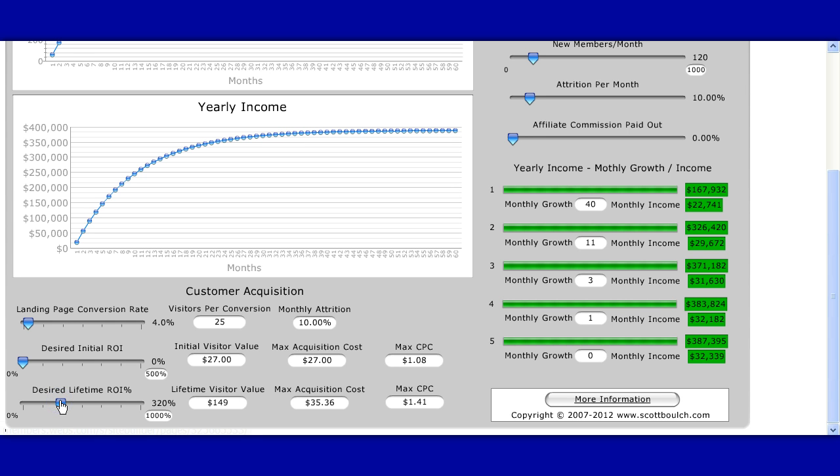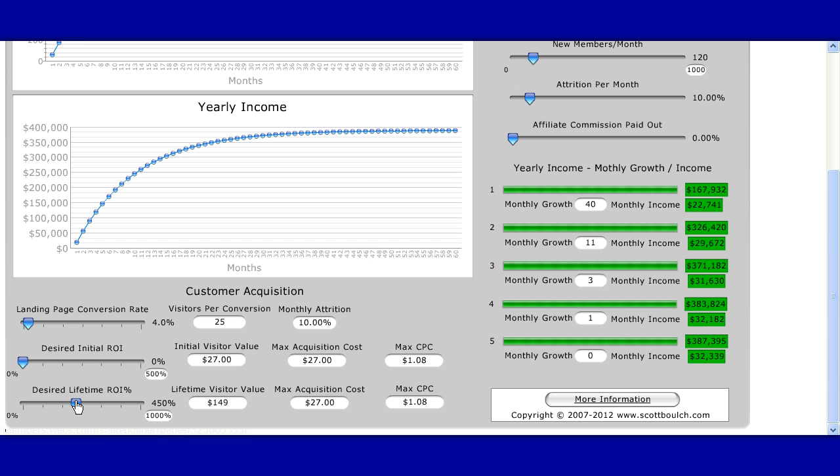But it is telling us the max cost to acquire a customer. I still want to make money by first month. So let's go with 27 bucks. So I could spend $1.08 per click.